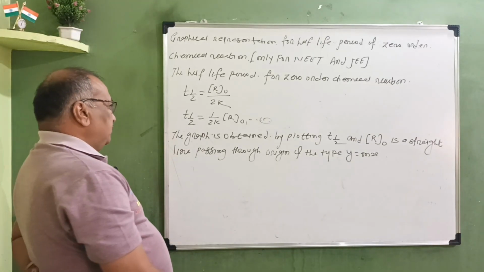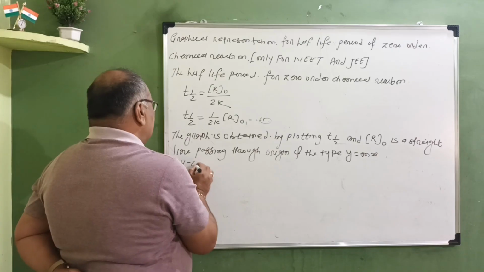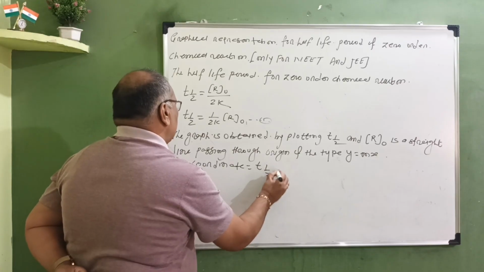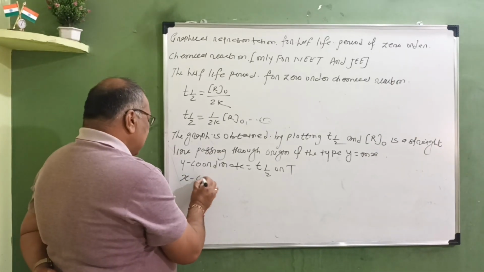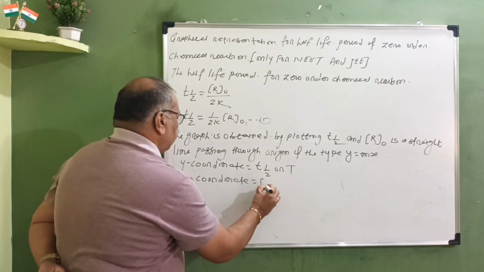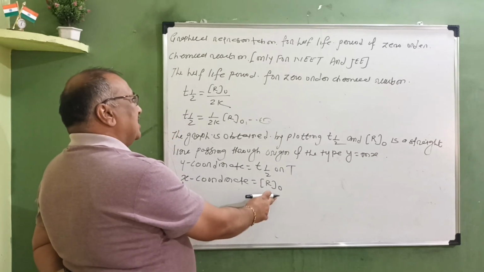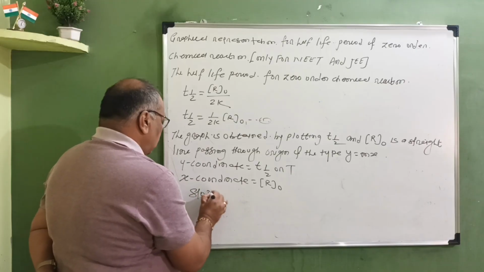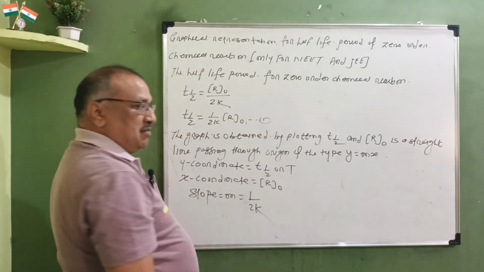Here, the y coordinate is equal to T half or capital T, the x coordinate is equal to concentration of reactant at time t equal to 0, and the slope, which is equal to m, is equal to 1 by 2k.